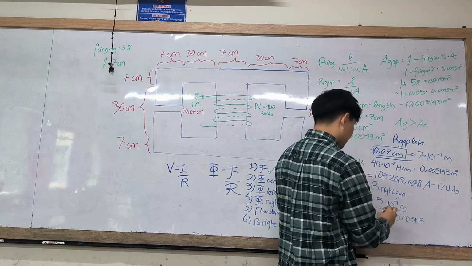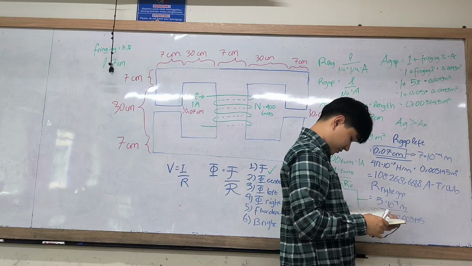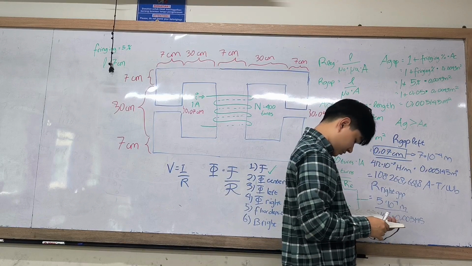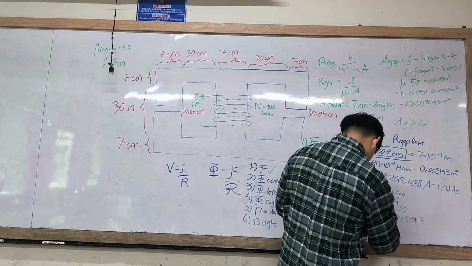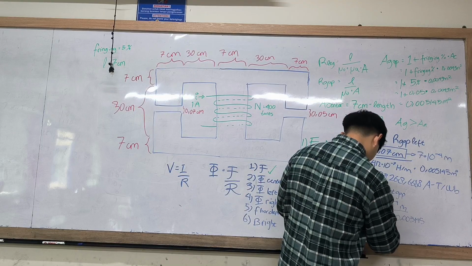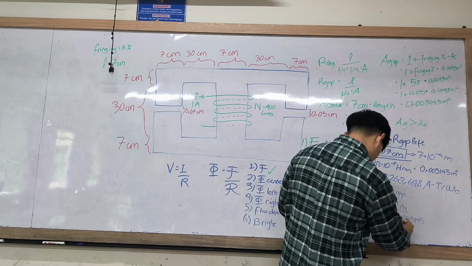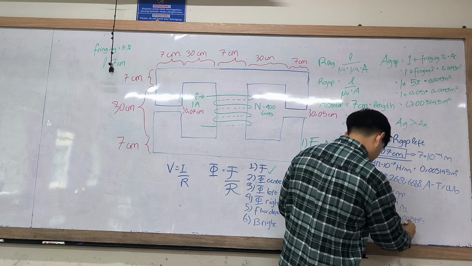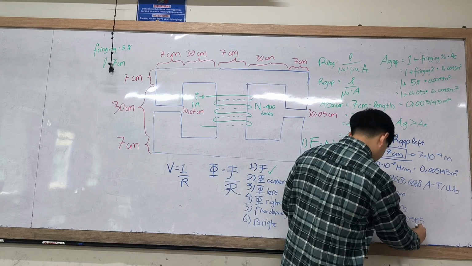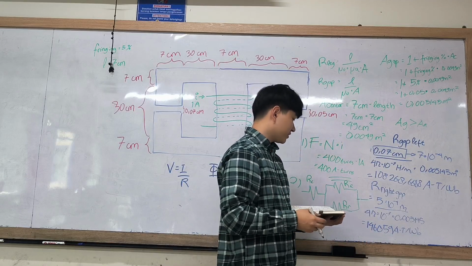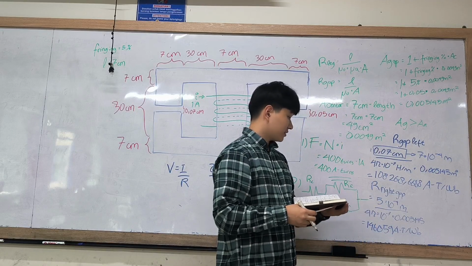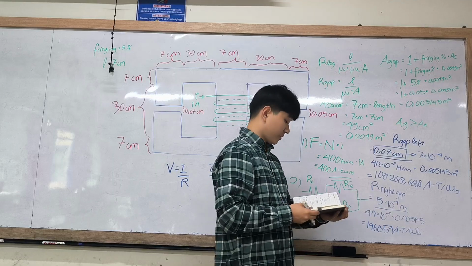The result is 146,059 ampere turns per Weber.